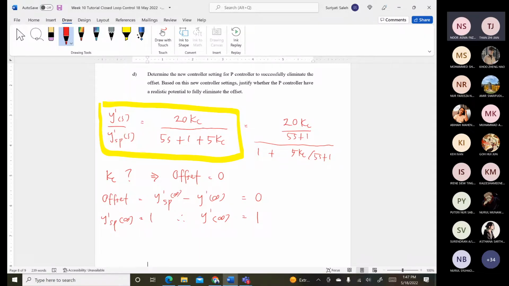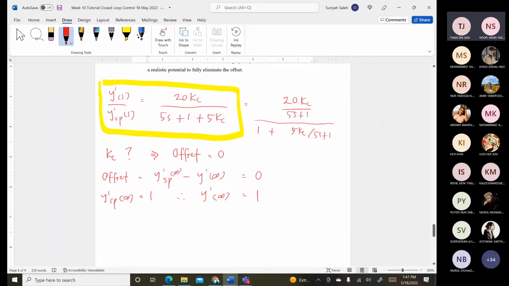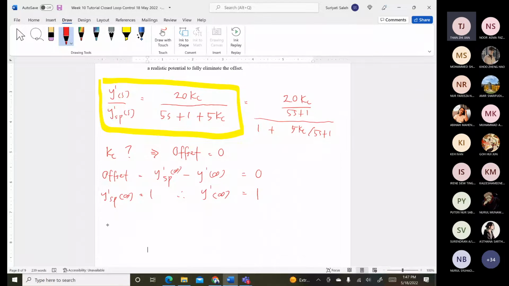So that means, from our equation, we know that y prime s equal to y prime SPs multiplied with 20 Kc over 5s plus 1 plus 5 Kc.